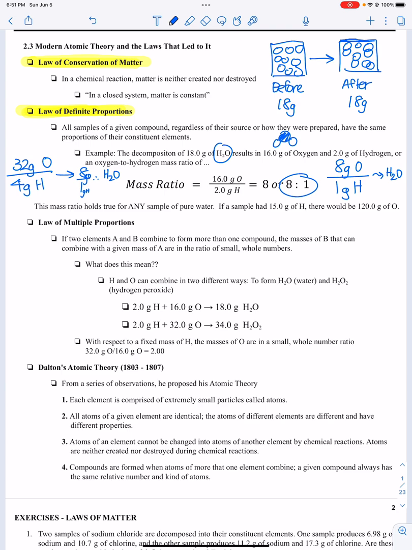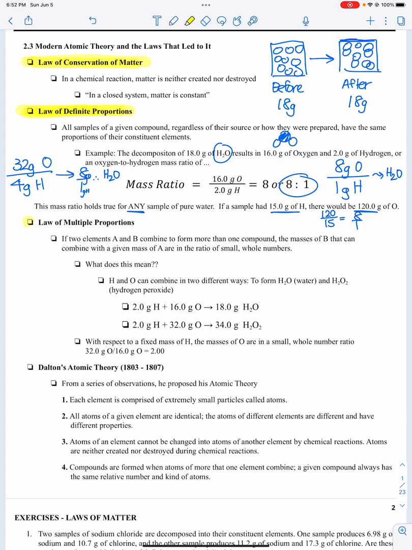The mass ratio holds true for any sample of pure water. If a mass had 15 grams of hydrogen, there would be 120 grams of oxygen. And that's because 120 divided by 15 is the same as 8/1. So that is the law of definite proportions. No matter what compound I have, its mass ratio will be constant.